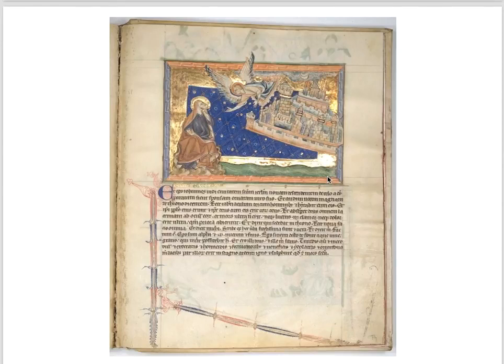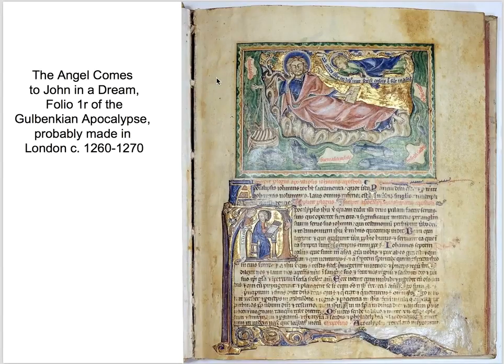The first page of the manuscript, which again is just a book, is written on vellum or parchment, which is animal skin that has been cleaned off, scraped, and dried under tension.